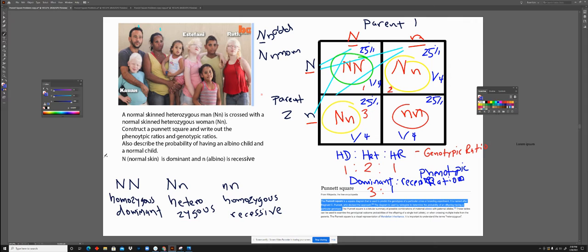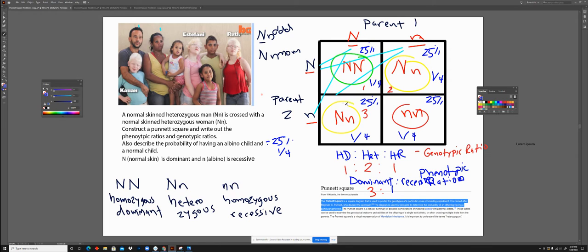If I were to ask you, what's the probability of having an albino child? It would be 25%, or 1/4. So if this couple has a child, the chance of having albinism is 25% or 1/4.